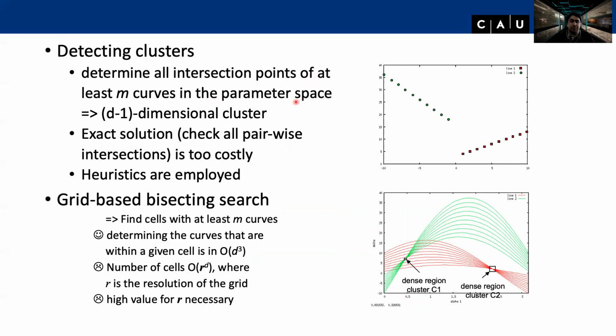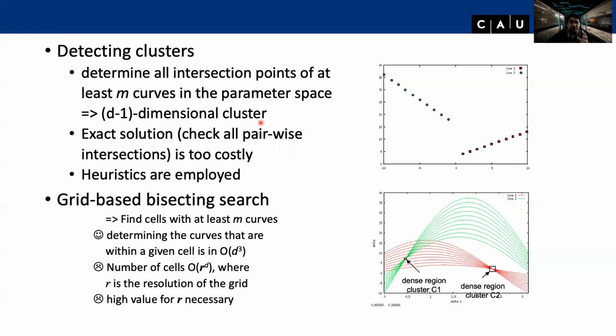So we want clusters with at least m points, or in Hough space then m curves, that are intersecting in a d-1 dimensional cluster. So the clusters that you find here are per se d-1 dimensional, so if I've got a three-dimensional data space, feature space, then I will get a 3-1, two-dimensional cluster.